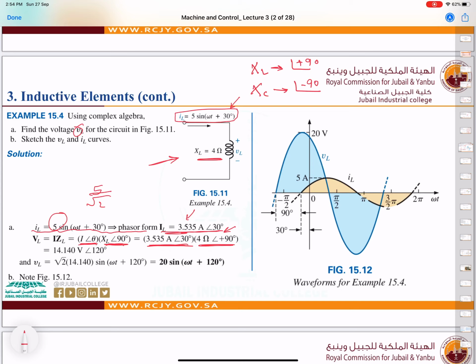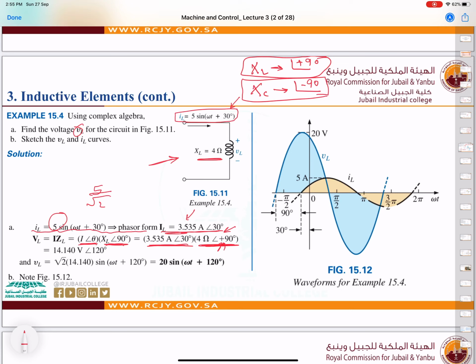No. If we draw the impedance diagram, inshallah we are going to see it, we will find that the XL is always 90 degree plus, and the XC is always minus 90 degree. This is only the impedance diagram, so that's why it is positive here.